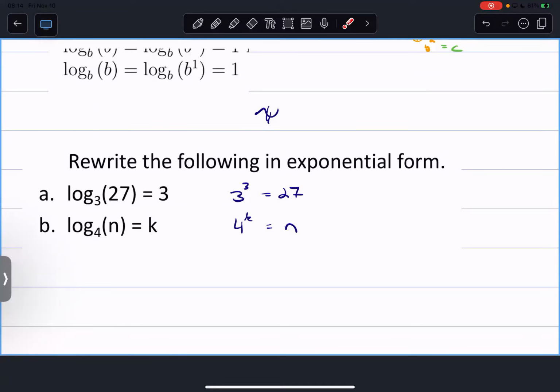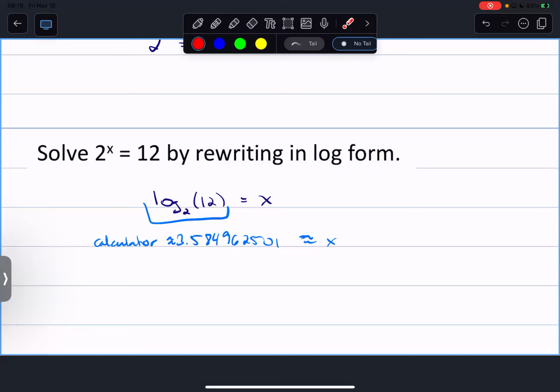Yes, but it's not exact. The exact value is log base 2 of 12. I know, it's a little obsessive of me. But I do it so often I'll get sloppy and I'll do equals. But I do it to emphasize that this is the exact value and this is the approximate value. But they're the same.